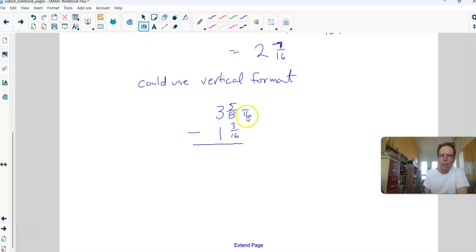So we know we want to go to sixteenths. 8 goes into 16 twice. 2 times 5 is 10. And then I cross out the 5/8 because now we're replacing it with 10 sixteenths. It's equivalent. Then you do the subtraction. 10 minus 3 is 7. So we get 7 sixteenths, and 3 minus 1 is 2. So that's the vertical format.